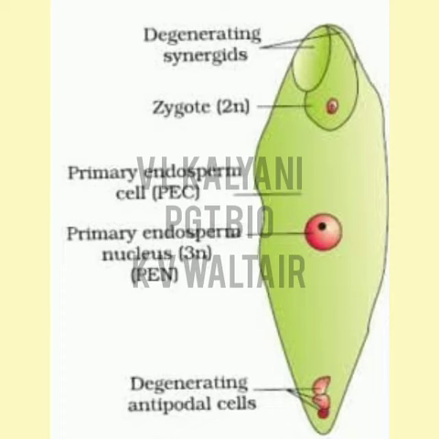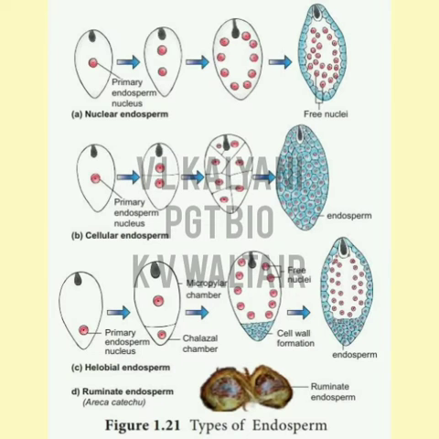So in the primary endosperm cell, the primary endosperm nucleus starts dividing by mitosis and forms a large number of free nuclei. Then the endosperm is called free nuclear endosperm. Later, the cell walls will be formed and it will develop a second stage as cellular endosperm.